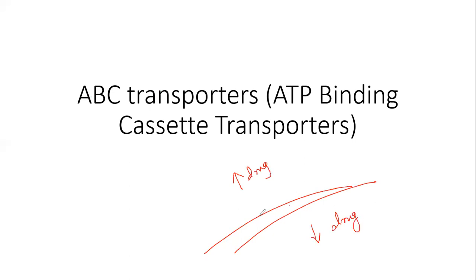So the bacteria needs to pump from its inside to outside. So this is going against the concentration gradient, right? So obviously it is going to need ATP. This is the basic mechanism behind ABC transporters, and the basic mechanism behind any active transporters. Correct? Are you able to follow?